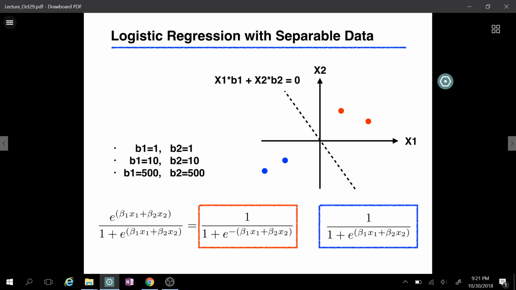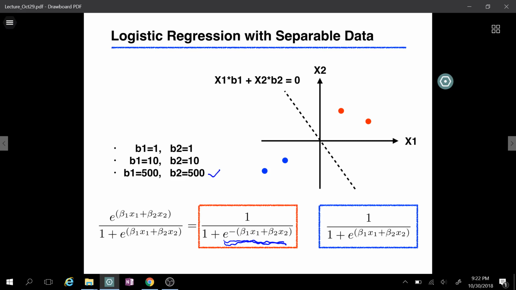Next, let's try the first and second coefficients equal to 500. Again, think about the likelihood for the red points and for the blue points. Now the component in the exponential is very, very negative, so e to the power of that number is going to be very small.